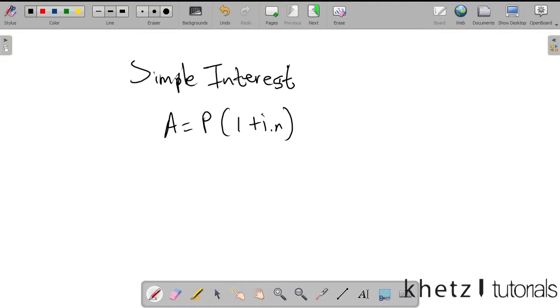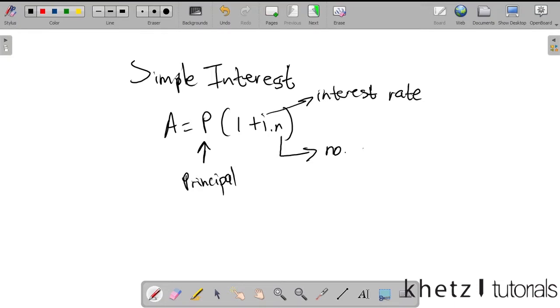As it increases, you'd have your principal amount. In terms of finance, the principal is the amount which you put into an investment, and it's multiplied by what's inside the bracket, where I would be your interest rate and N would be your number of years.